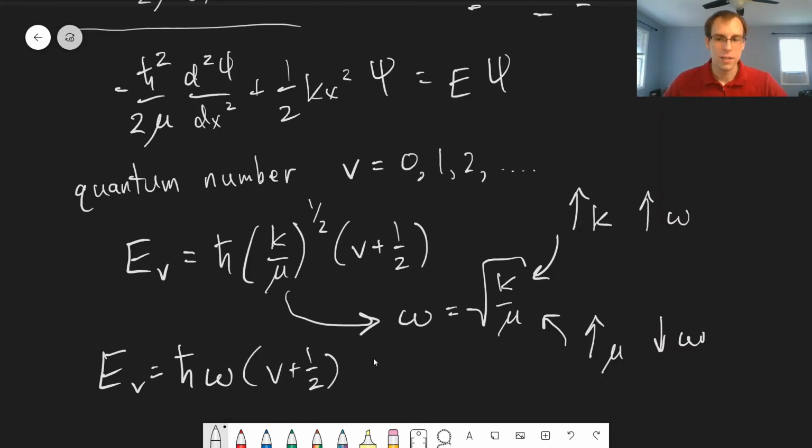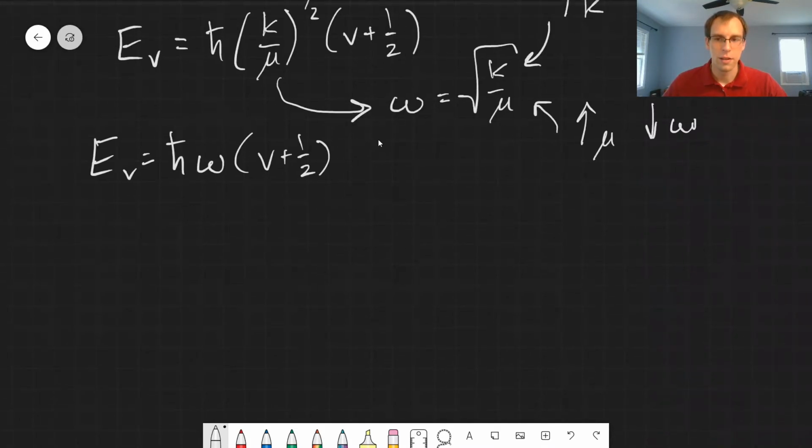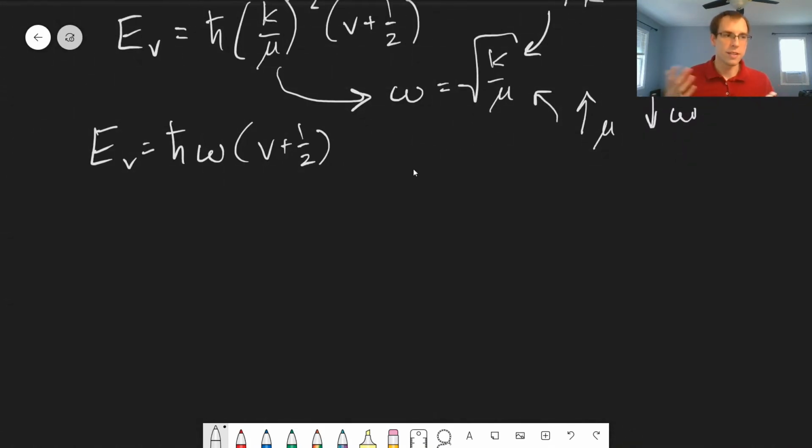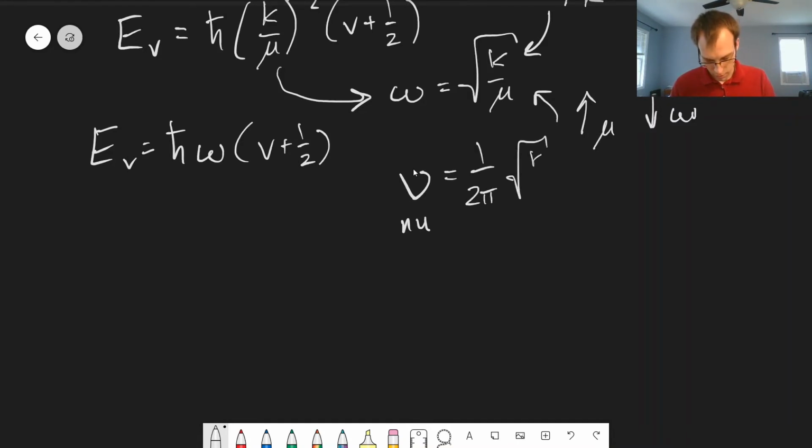And there's a way to rewrite this in slightly different units too. We often write nu, and this is very confusing because nu and v look very similar, but they're not the same. So this is the Greek letter nu, not our quantum number. If we define this as 1 over 2 pi times the square root of k over mu, this gives us the frequency in hertz, whereas omega has this factor of 2 pi present.